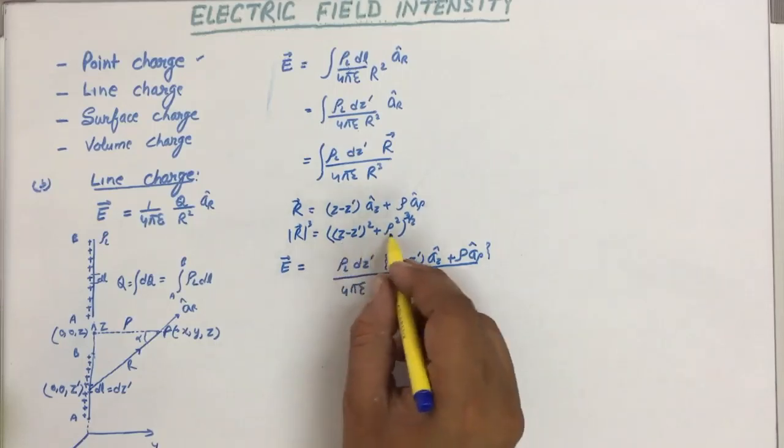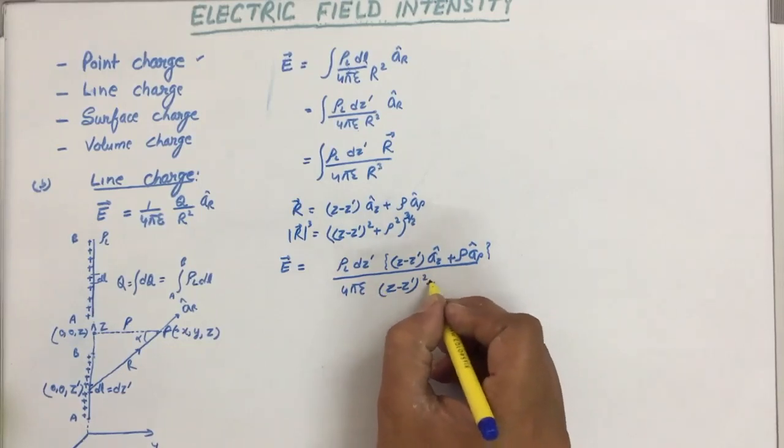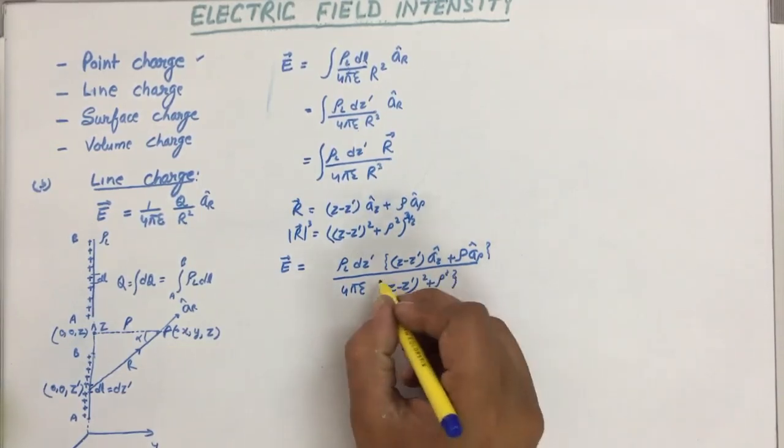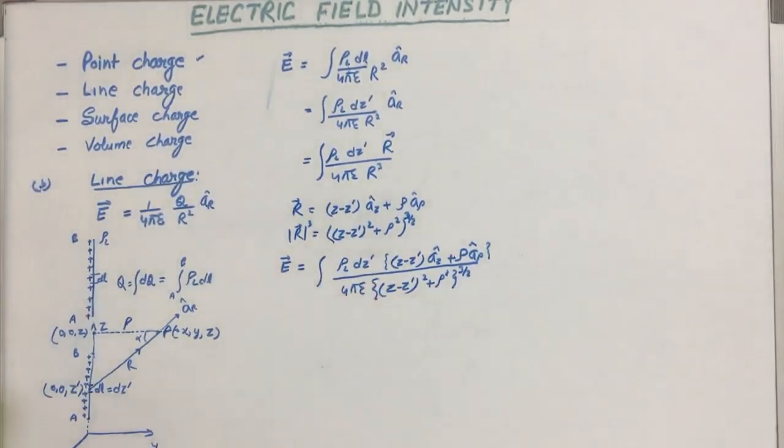R cube means just this cube: (z minus z dash) square plus rho square, whole cube. Okay, this can be written like that.